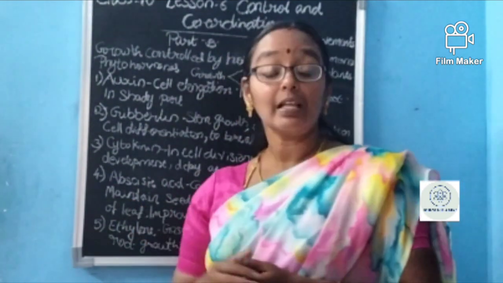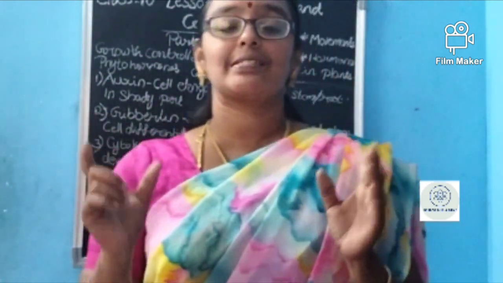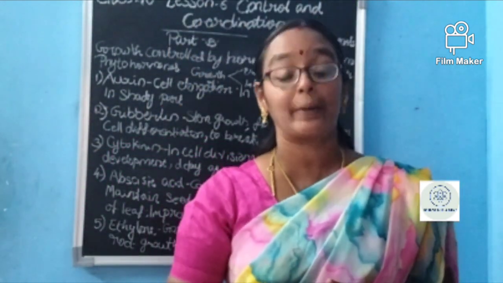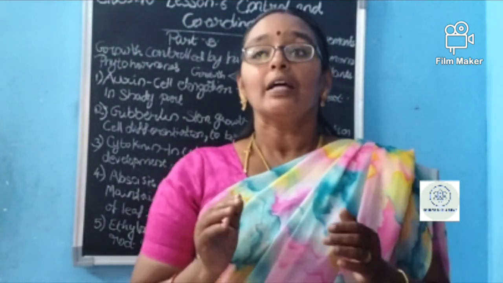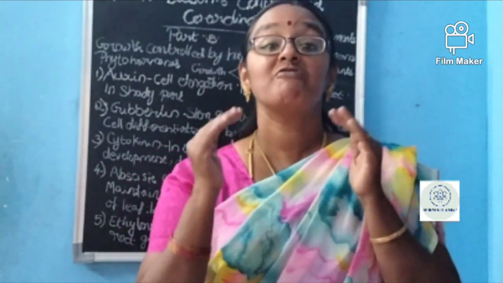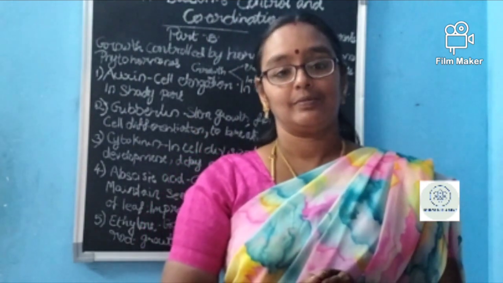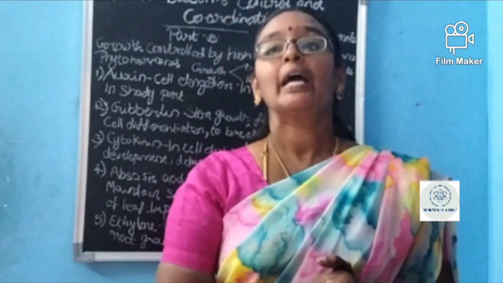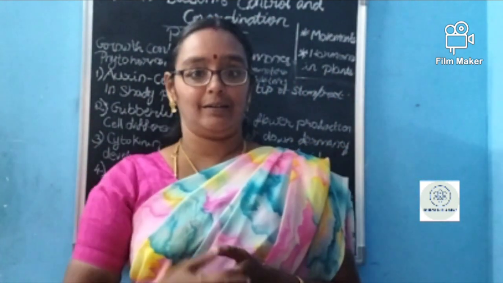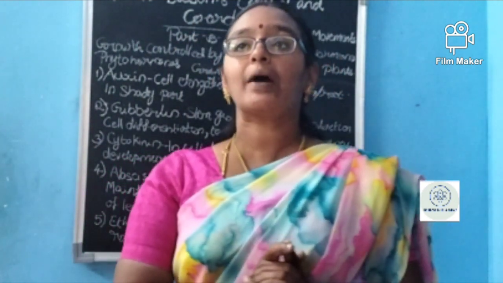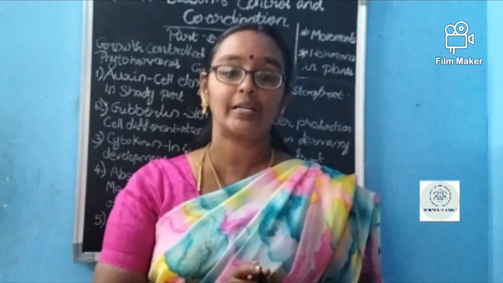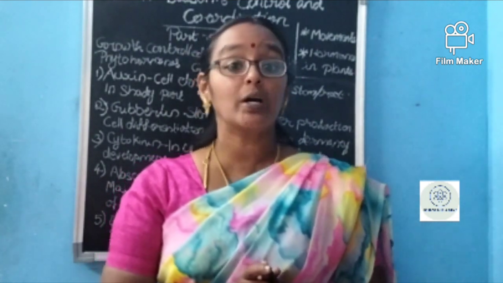Okay, now we have to discuss a small part, that is the feedback mechanism. That means how and when this has to work. It is also controlled. In the case of man or animals, we have seen insulin. For what is insulin used? Blood sugar control.